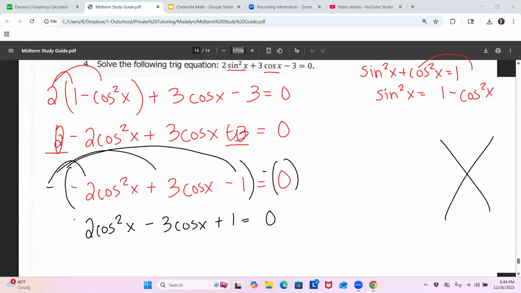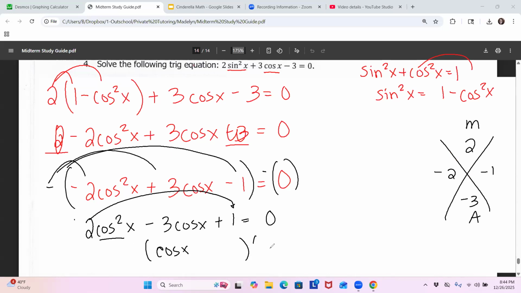And now let's factor. 2 times 1 is 2. Middle number is negative 3. What if we did negative 2 and negative 1? So we'd have cos. See how this is cos square? So each of your parentheses is going to get a cos. And now your magic numbers are a minus 2 and a minus 1. But remember, when this is not a 1, he's a cheat. If you're not sure what I'm talking about, go back and watch part 1 and part 2.